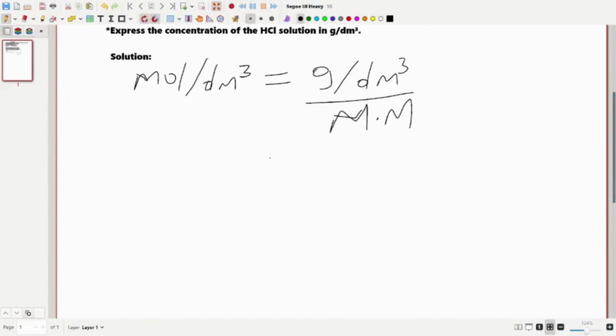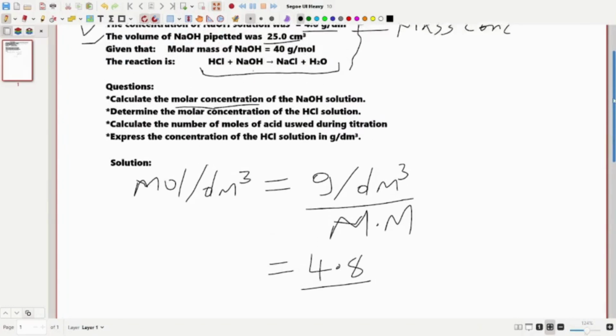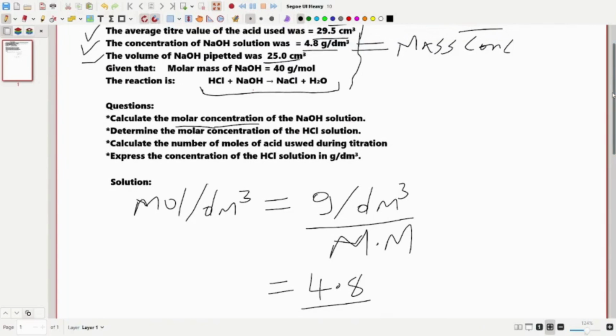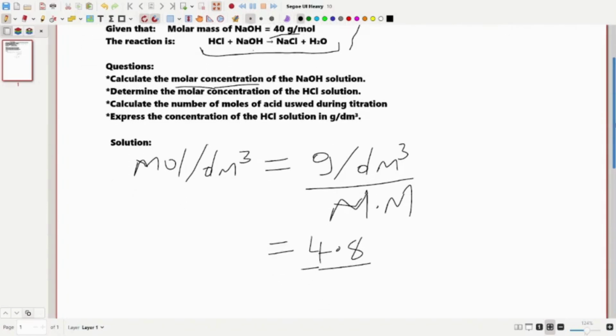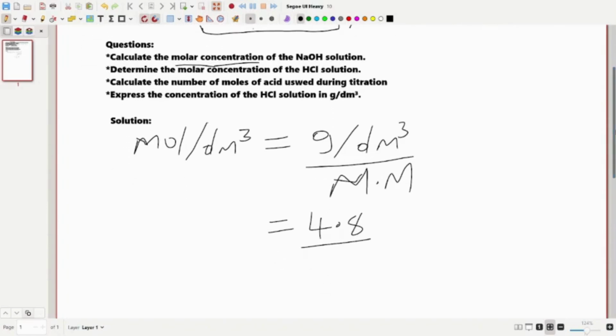So from the question, we can tell that the mass concentration is 4.8, and we're given the molar mass of sodium hydroxide as 40. So we're going to substitute 40.